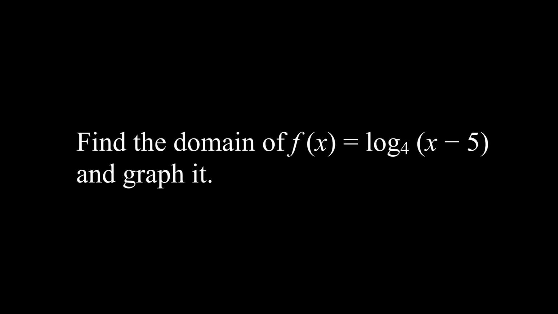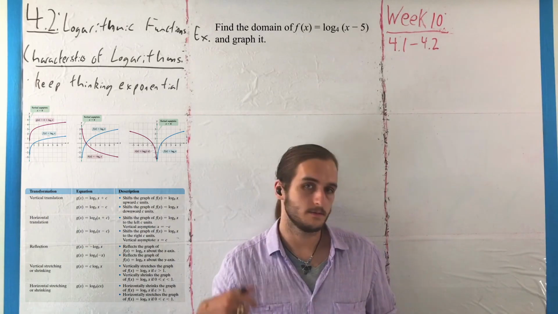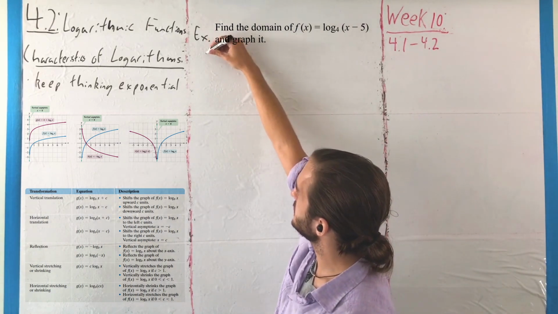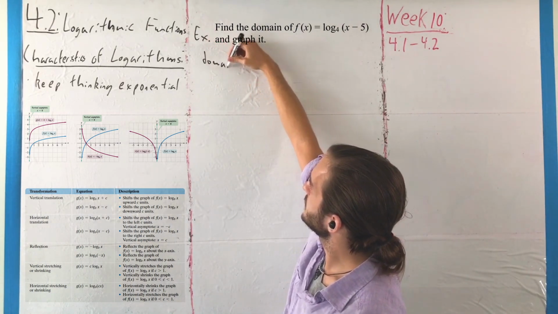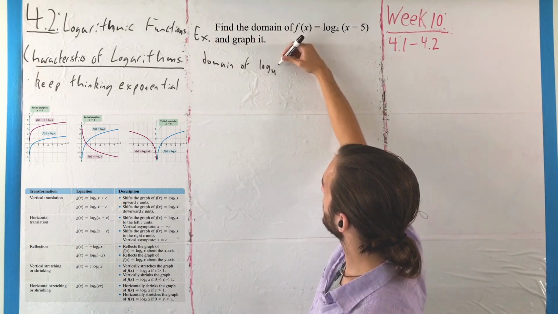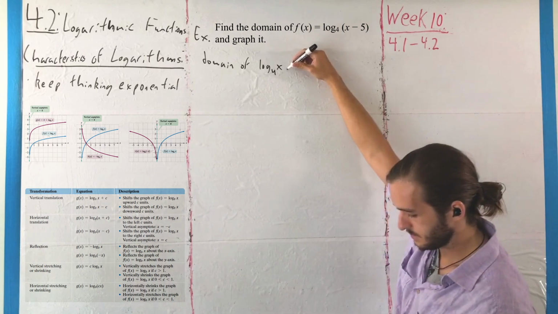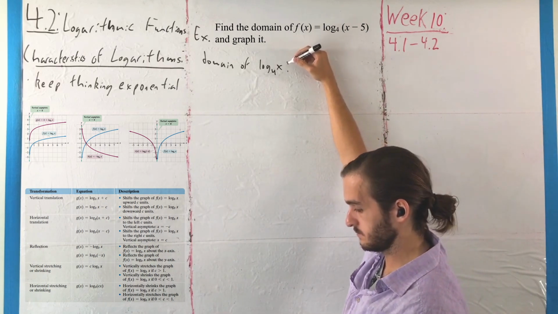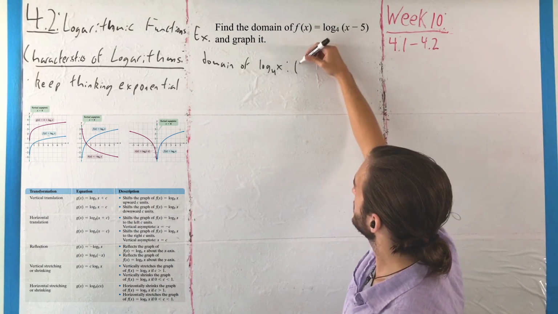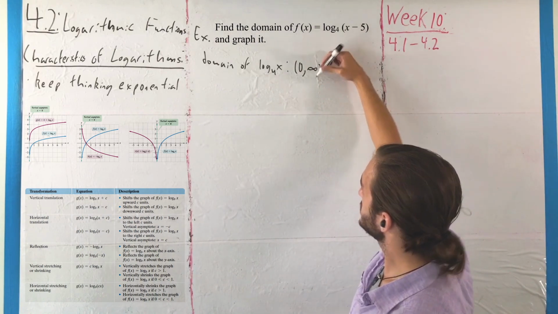So for this, we want to find the domain of f of x equals log base 4 of x minus 5, and then graph it. So the domain of a standard logarithmic function, let's say the domain of log base 4 of x, that would end up being, just like we said in that last part, 0 to infinity.